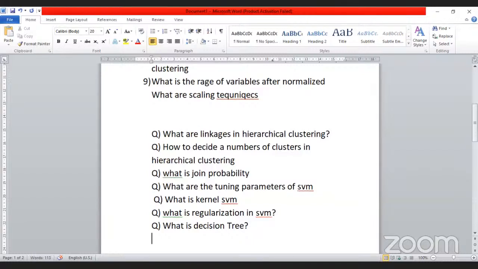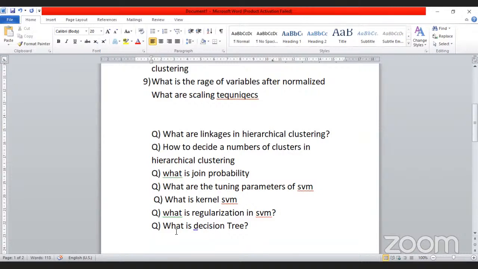It is a tree-like structure in which we have internal nodes, branches, and leaf nodes. Root node means where our decision tree starts. Leaf node means the outcomes, and branches mean the decision rules. Okay, this is the decision tree.